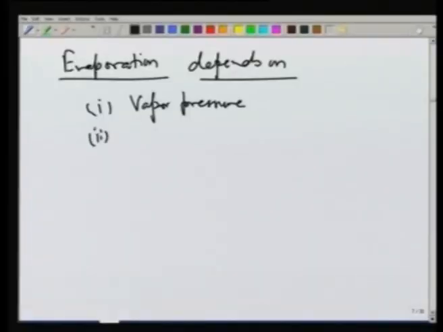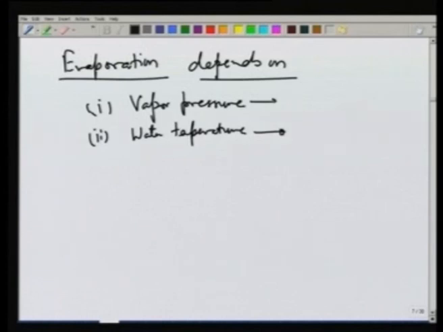Then, since the vapor pressure depends on the temperature, and the temperature also denotes the amount of energy present, water temperature is another factor which affects the evaporation.